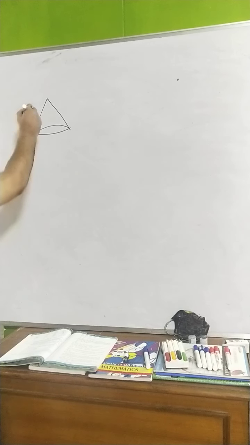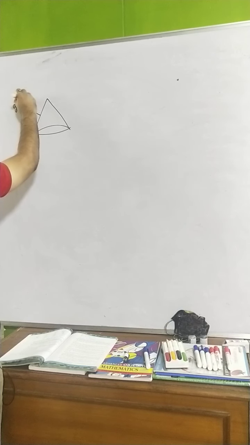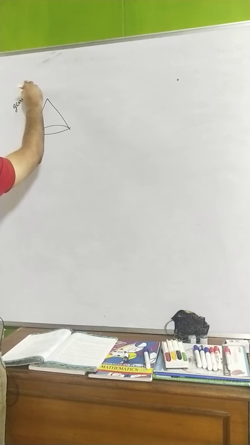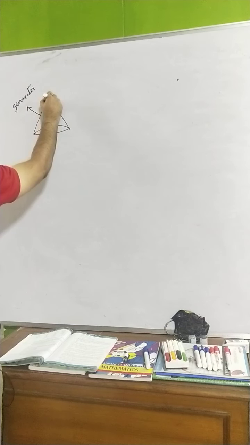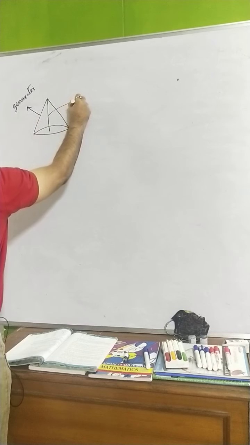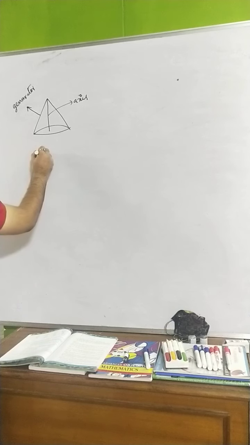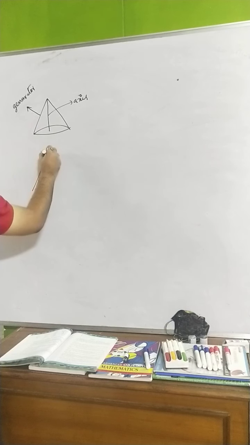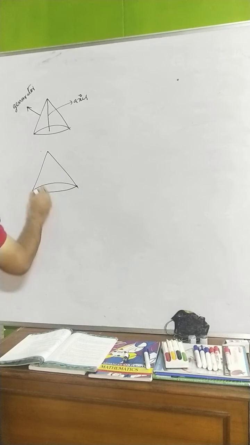Okay, you see here, this is generator. Generator you can call it as, and this one is axis. You are going to call this one as what? Axis, right? What is going to happen here? You see here, now this is a cone. Rough diagram I'm going to draw.